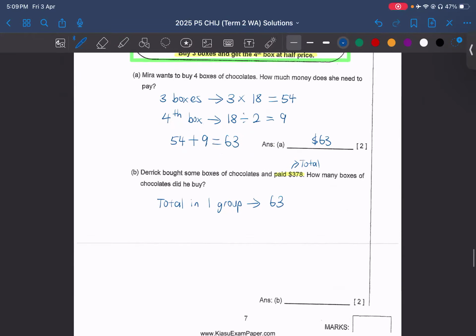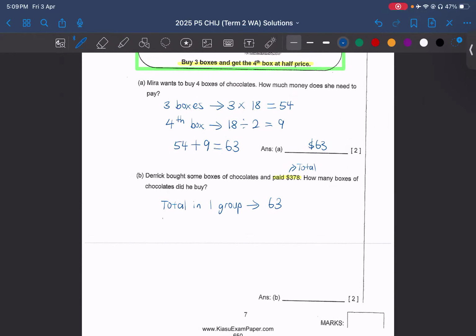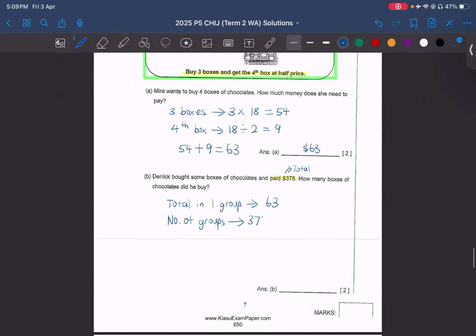So we know the total and we know how much it costs for one group of chocolates. To find our number of groups, we take our total, which is 378, divided by 63. This will give me 6 groups. After we find the number of groups, how many boxes of chocolates did he buy?